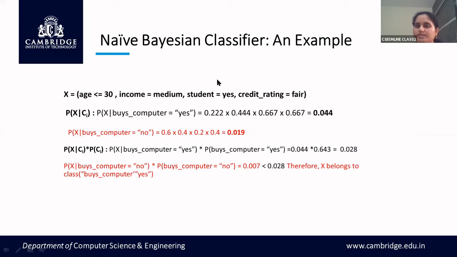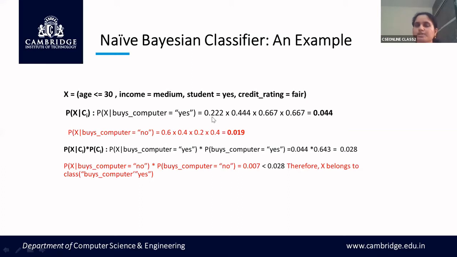Out of this test tuple, we will assume how many times the probability would be yes, how many times the probability would be no. So if I say P of X given Ci, how can I get this? I can get this by finding the probability of X with class label equal to yes. In the previous slide I have already calculated the probability for each of these.